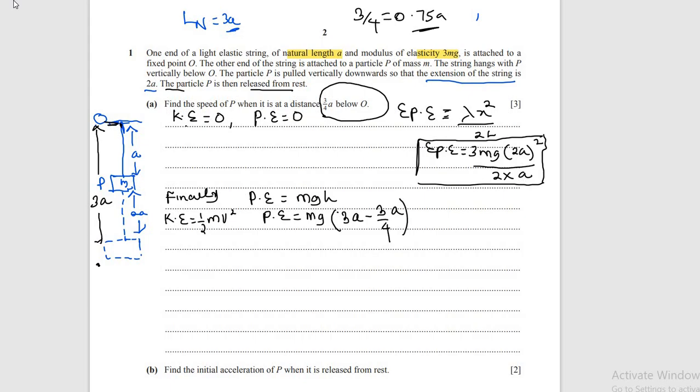That's why I subtracted 3A minus 3 over 4A. That's the potential energy 3 over 4A below O.